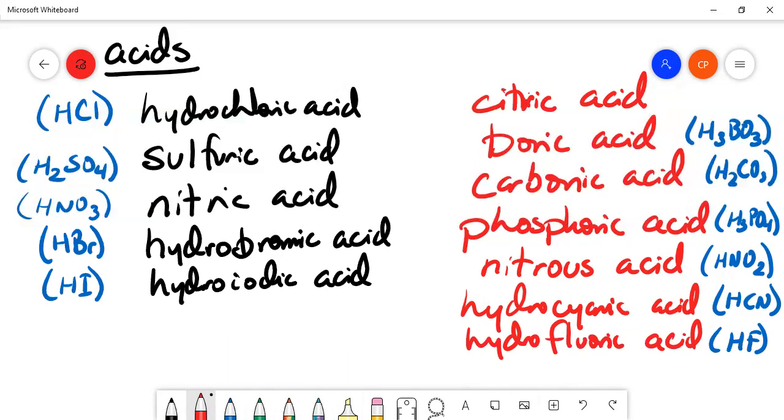Okay, we've got a great list there on the right-hand side. Let me fill in one more on the left-hand side, which doesn't typically get talked about in Gen Chem, but really winds up being important later on in your chemical education. It's one of the most substantial acids we can come across.